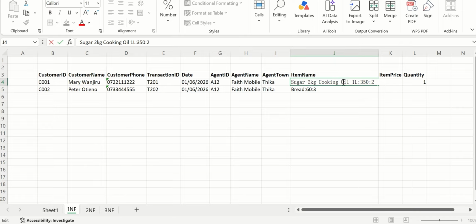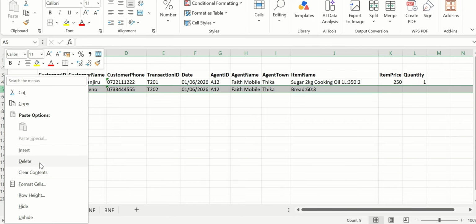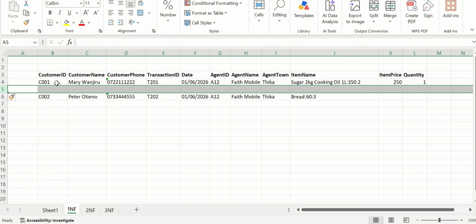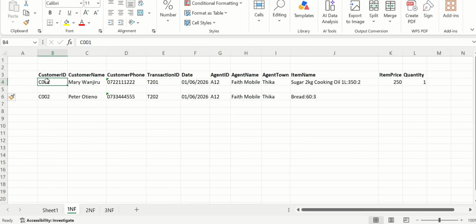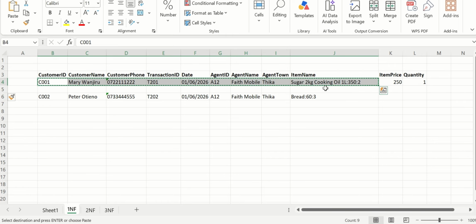Now let's also separate this cooking oil from all these other items. For that we'll have to add another row here. I'll click on insert, and then copy the whole of this, and paste here.